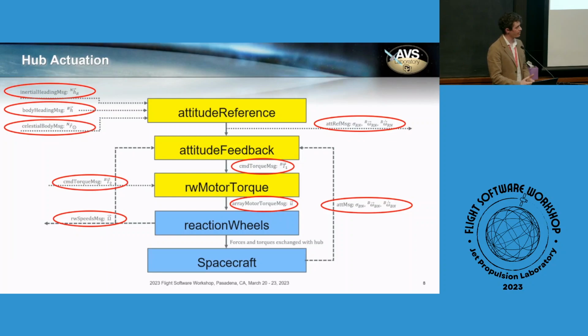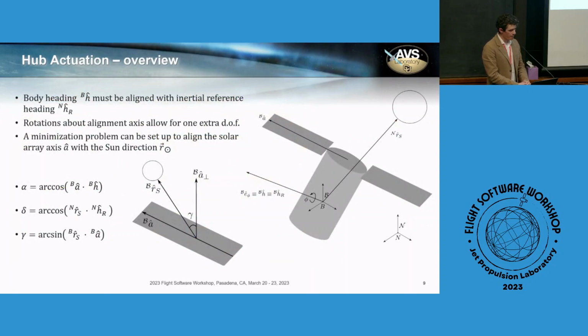Whereas when this information is fed forward in this fashion, we do not need to rely as heavily on the integral feedback term. So whenever all our torques are mapped to the reaction wheels, the wheels also exchange forces and torques with the spacecraft, and that allows us to actuate the spacecraft hub.